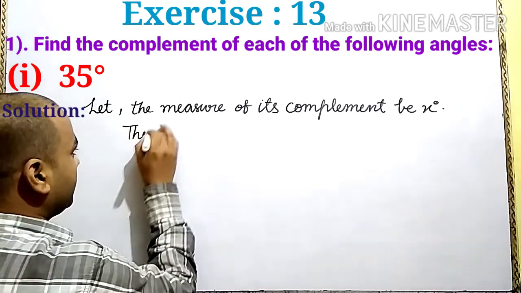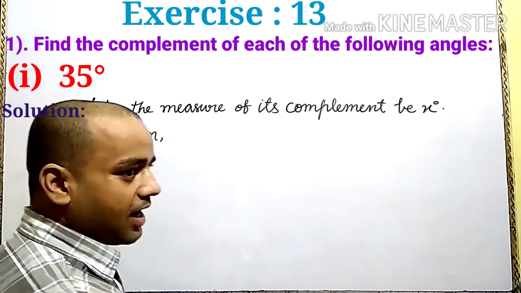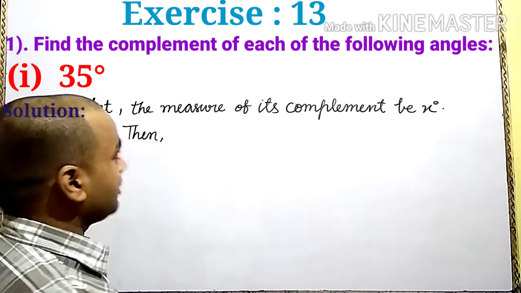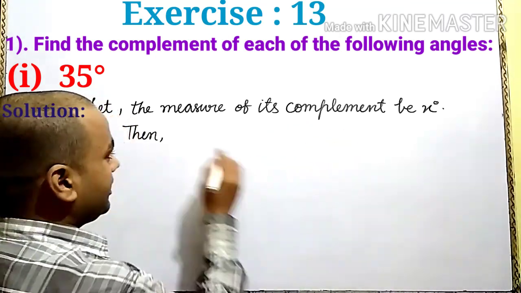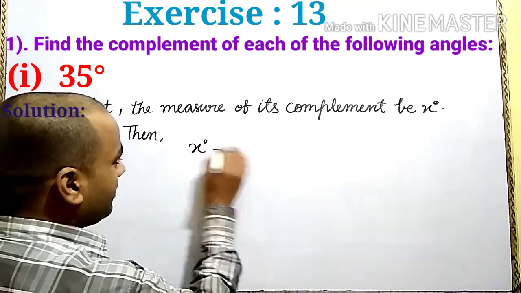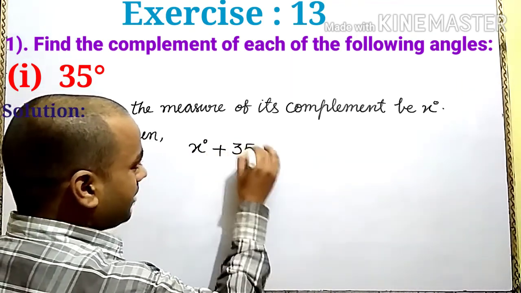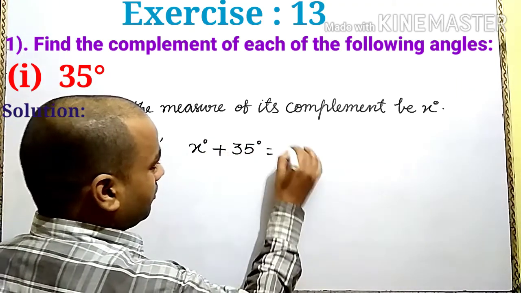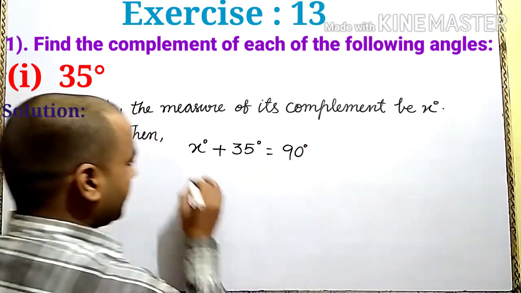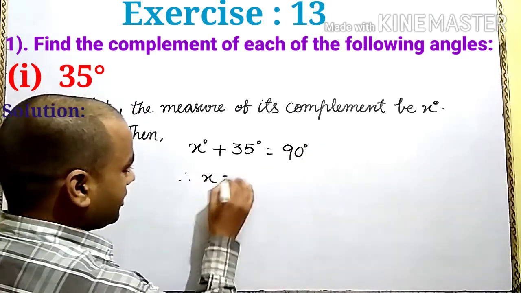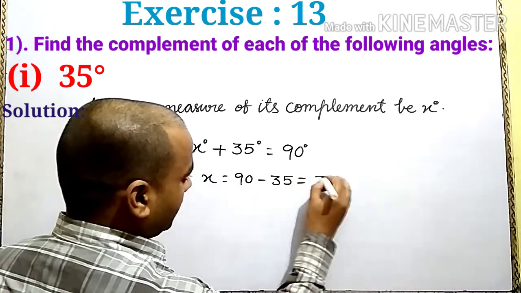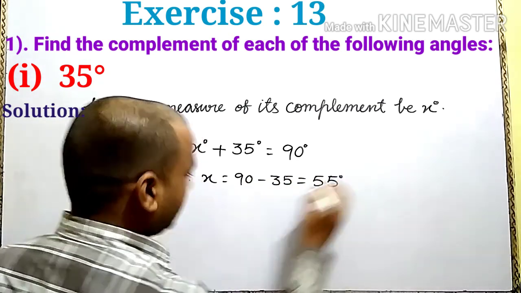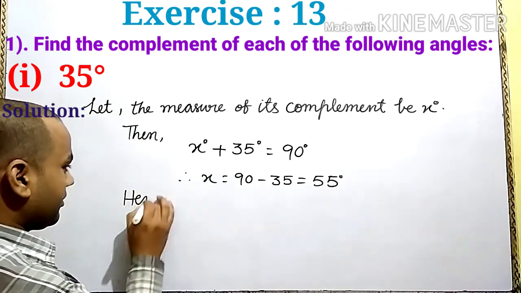Then we know that the sum of angles in the case of complement we write 90 degree. So here x degree plus 35 degree given, we write the sum 90 degree. So therefore x is equal to 90 minus 35. We get 55 degree.